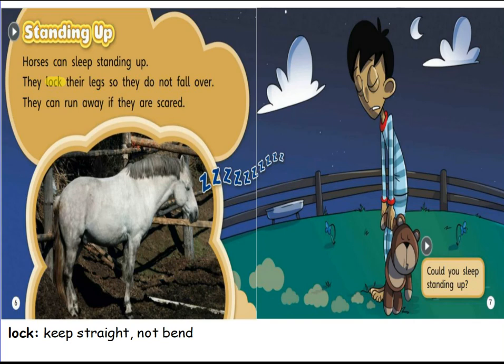The word lock means to keep straight and not bend. I can also see in the illustration that the horse's legs are straight and don't bend. So the horse's legs are locked.